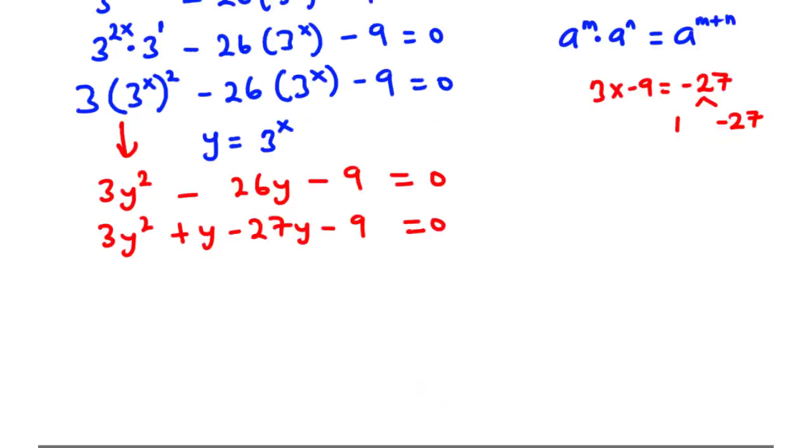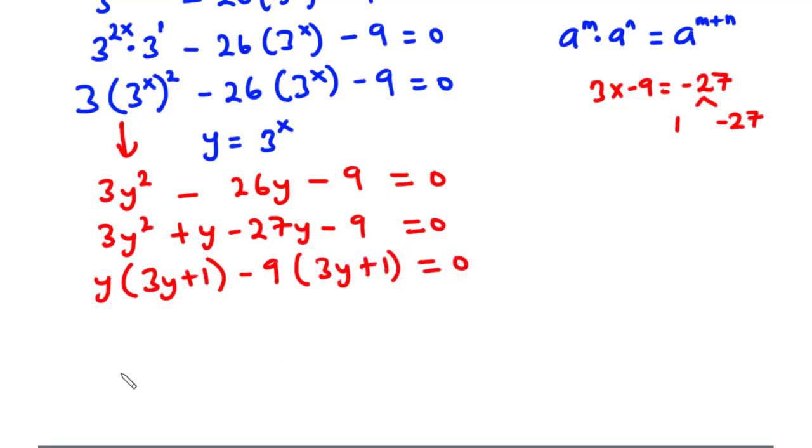Now let's factorize. So we have the common factor between 3y squared and y, which is y. So we have y into brackets 3y plus 1, and then we have negative 9 into brackets 3y plus 1, that is equal to 0. So we have y minus 9 and then we have 3y plus 1, and that is equal to 0.